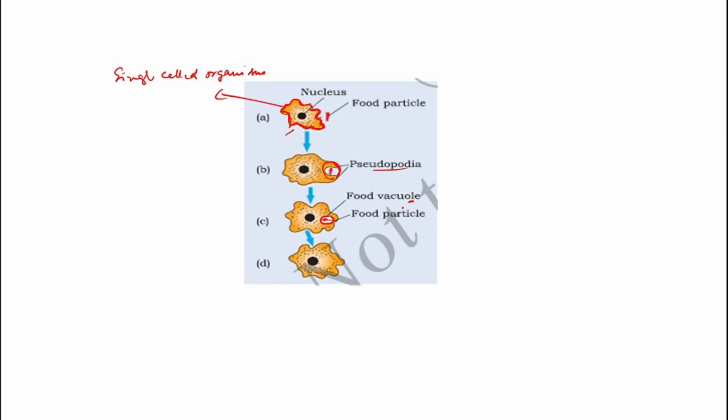Now, inside the food vacuole, complex substances are broken down. See, this is the food particle, it is complex in nature, but it will break down into simpler ones, which then diffuse into the cytoplasm. This is the nucleus. Okay. So this is the cytoplasm.